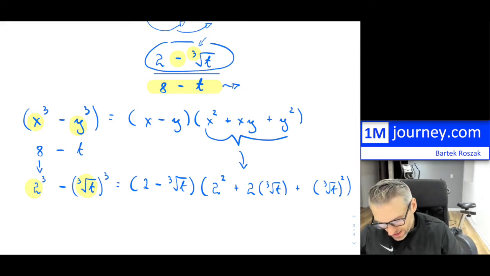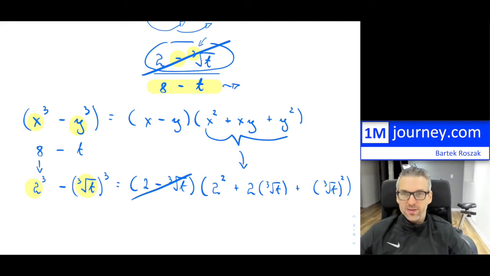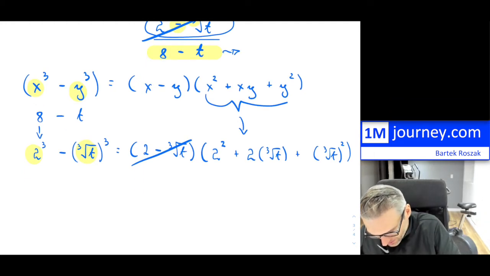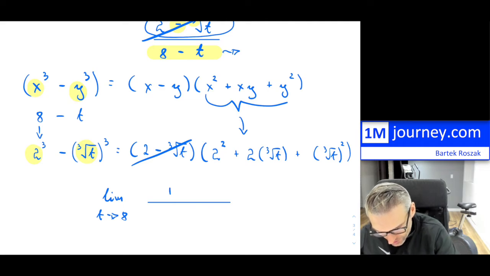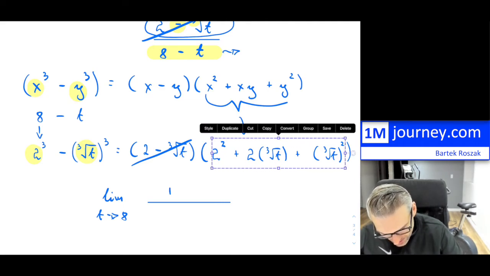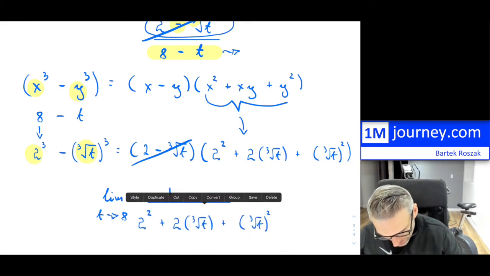So now, nicely, if I substitute back into that denominator, this is going to cancel with that because the limit is approaching 8, but it's not really 8. So this whole thing now is going to be the limit as t is approaching 8 of 1 all over all of this junk right here. That's going to go at the denominator.